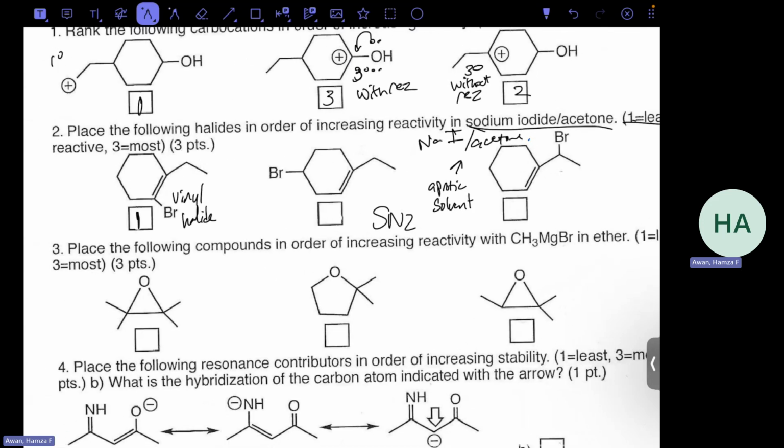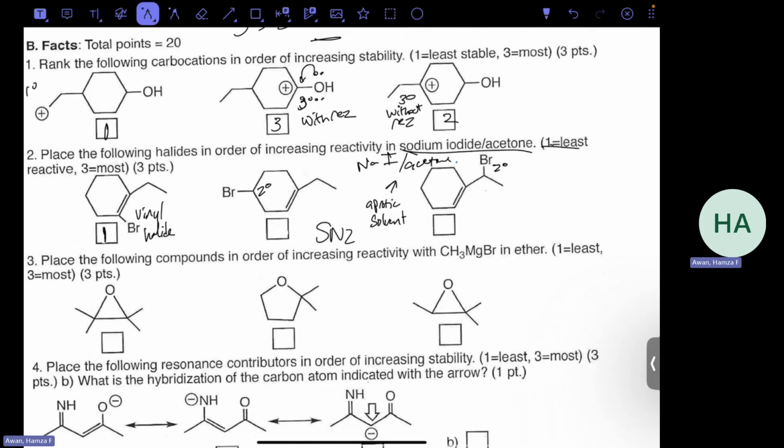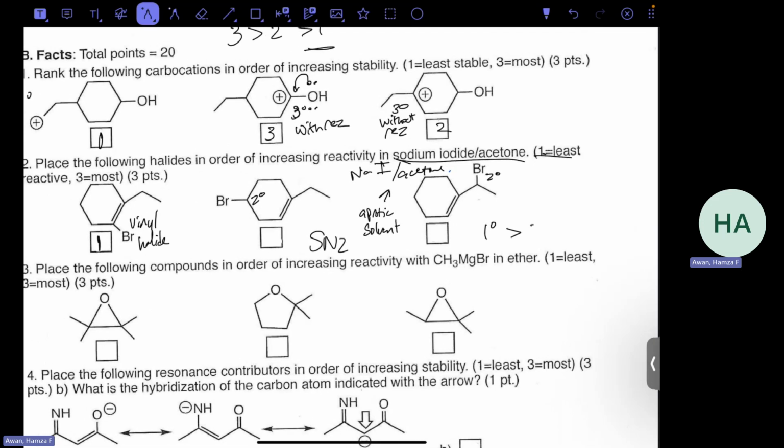Now we have the choice between a secondary halide and another secondary halide, right? The way SN2 reactivity works is that primary is going to have a higher reactivity than secondary, and we shouldn't have any reactivity on tertiaries, right? So there should be no tertiary reactions.